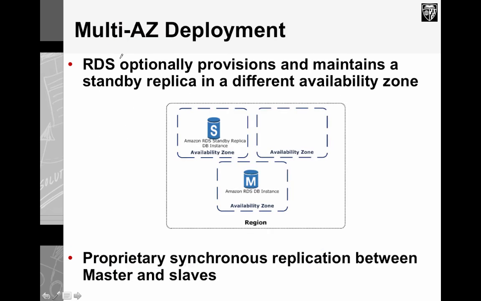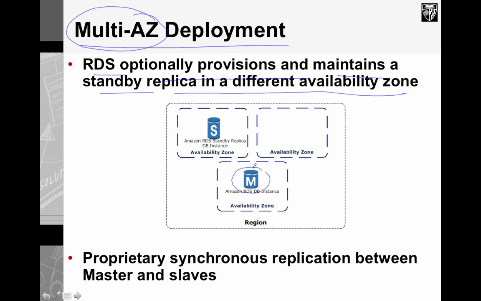You also have multi-AZ deployment, which is multi-availability zone deployment. RDS optionally provisions and maintains a standby replica in a different availability zone, provided that you choose the multi-AZ option. When you choose the multi-AZ option, you will have a master database running in one availability zone, and you will also have another slave database running in another availability zone.